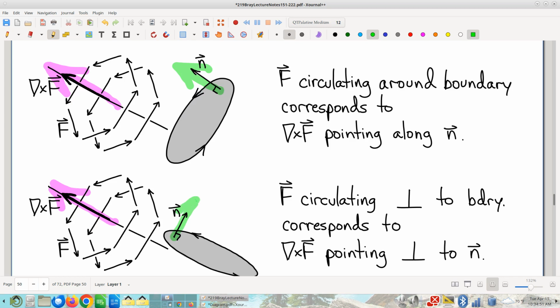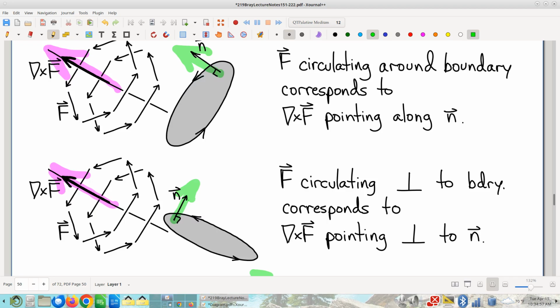But what if your little piece of surface is oriented a different direction? Now, this is a hard thing to visualize, but if the fluid is rotating like this, and my boundary curve is going the same way, then yeah, sure, we pick up the circulation. But what if, as the fluid rotates, I'm going around a boundary curve like this?